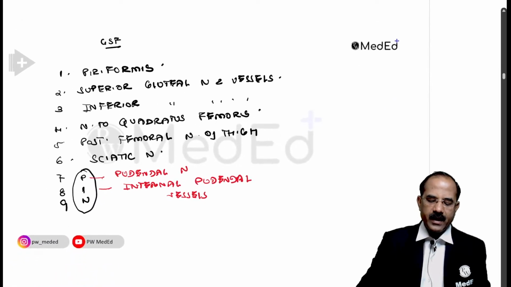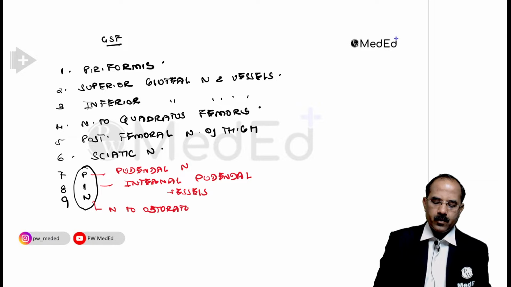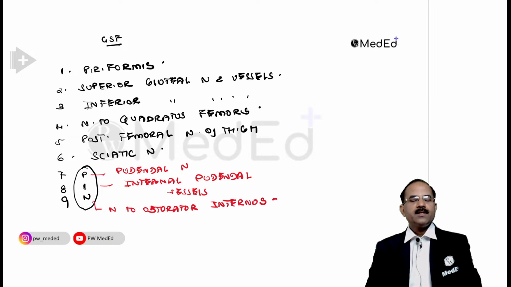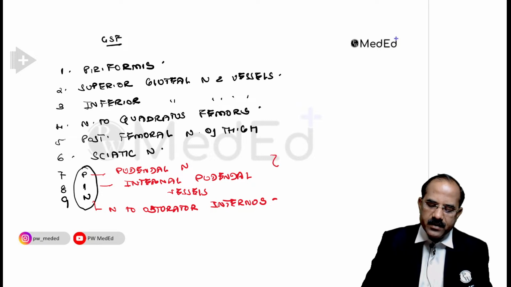And what's N? N is the nerve to obturator internus. Pin. Yes, Mohit, very good.